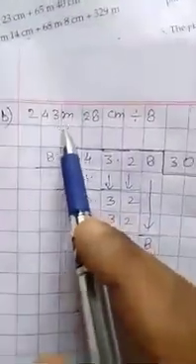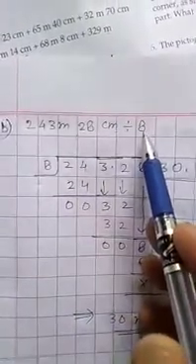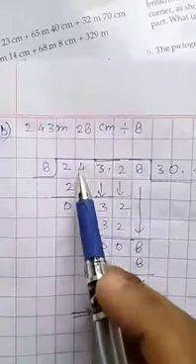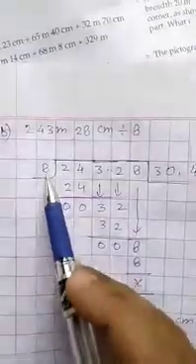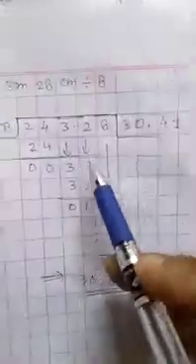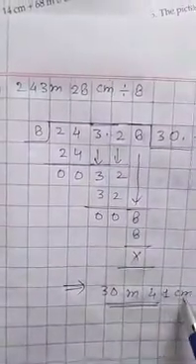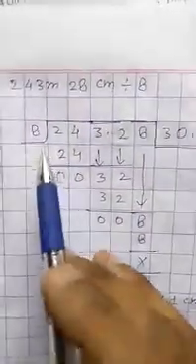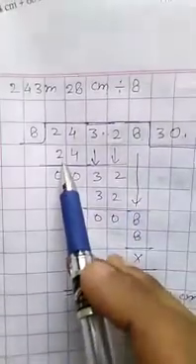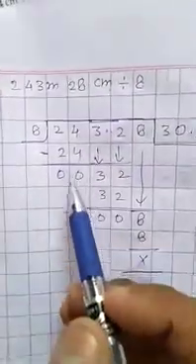Now question number B, 243 meter 28 centimeter divided by 8. So we will write 243.28 divided by 8. When we divide it, it will be 30 meter 41 centimeter. We will see, 8 threes are 24. When we subtract 24 from 24, it will be 0.